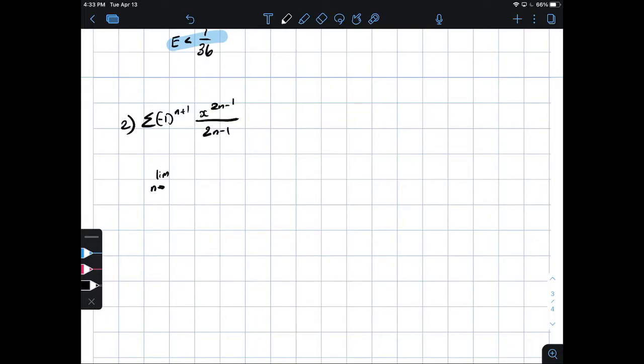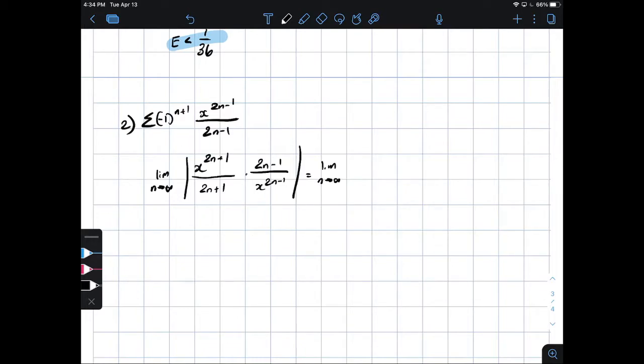So we're going to take the limit, x to the 2n plus 1 over 2n plus 1 times, also since we're taking the absolute value, I'm just ignoring the -1 to the n plus 1 term. Should definitely mention that. Then 2n minus 1 and x to the 2n minus 1. Okay.